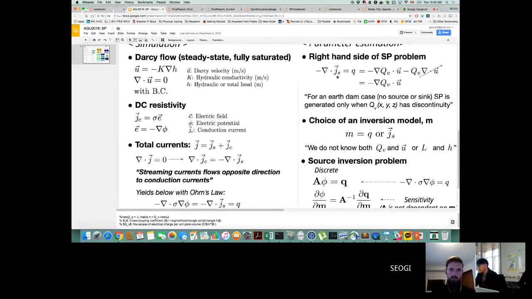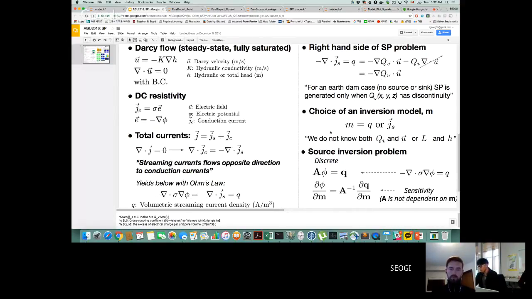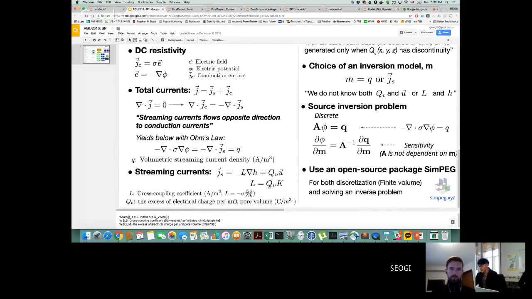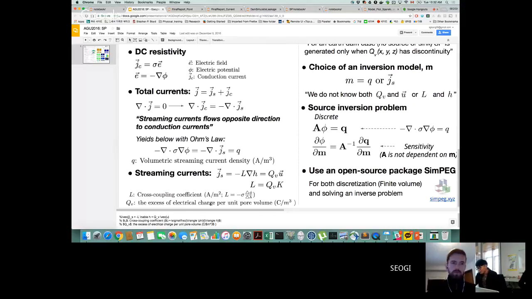One interesting thing you can think about is if you decompose this term, you can break it apart into two terms. JS is QV multiplied by U. Sorry, what was QV again? QV is the excess of electrical charge per unit volume.